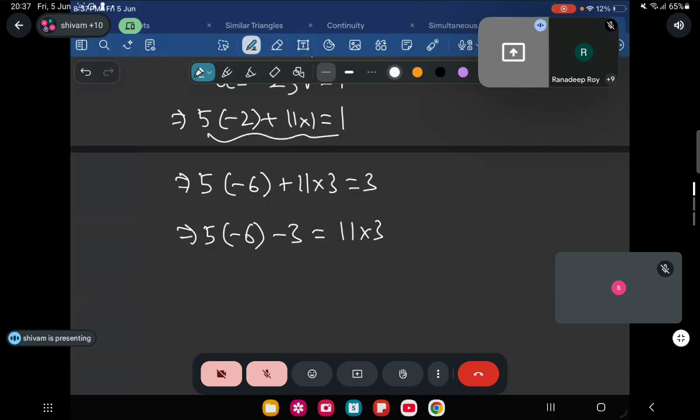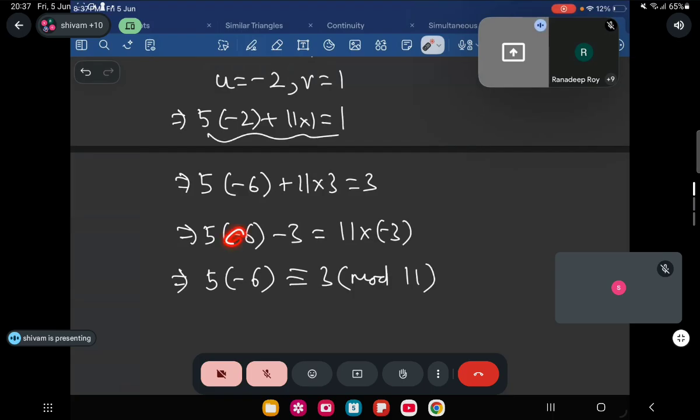So from here, 5 into minus 6 is congruent to 3 mod 11? Yes or no? This was the congruence. Why minus 3?